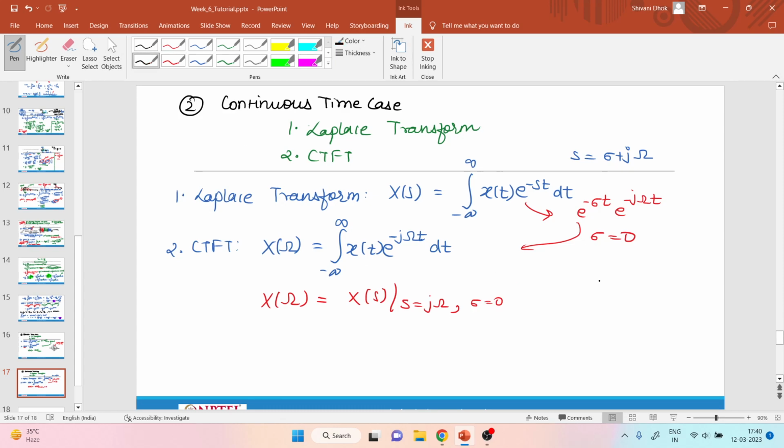Now if I look at it in the s plane, this is my sigma and this is my j omega axis. My Fourier transform lies here, which means that the j omega axis should lie in the region of convergence. So if the j omega axis is present in the ROC, then the Fourier transform exists.